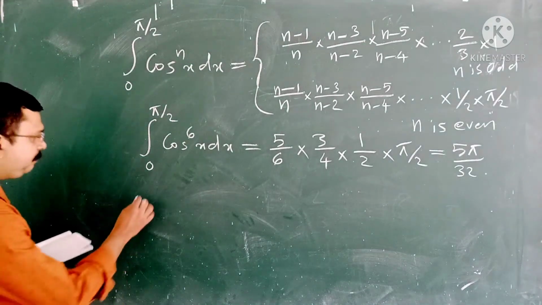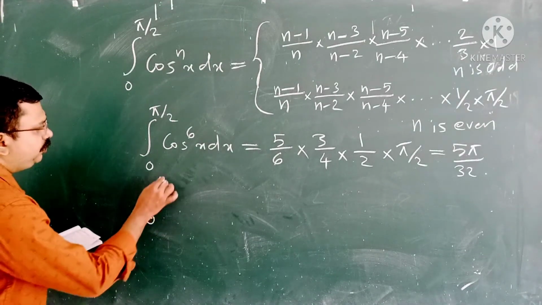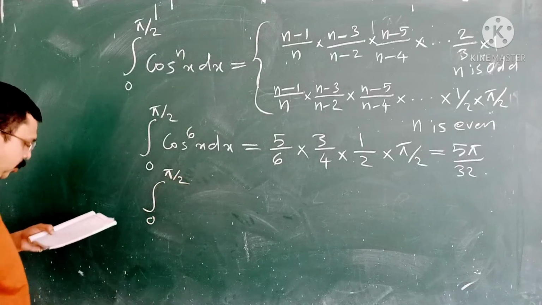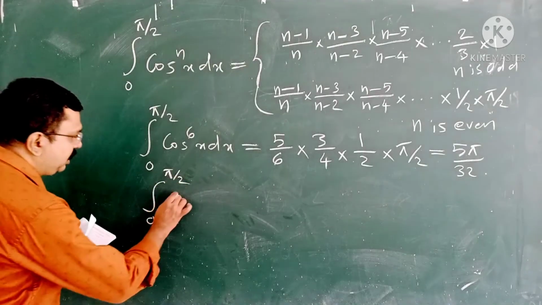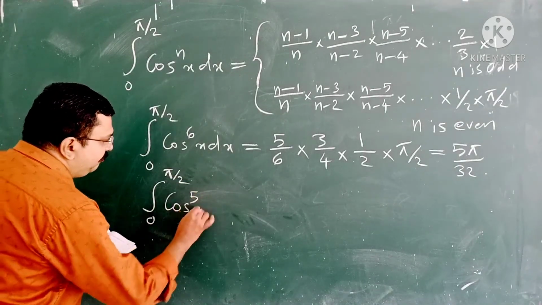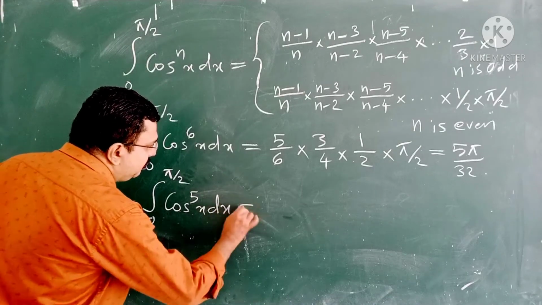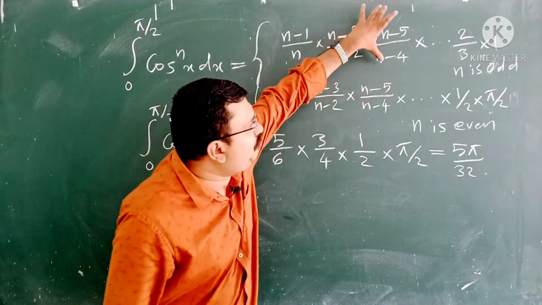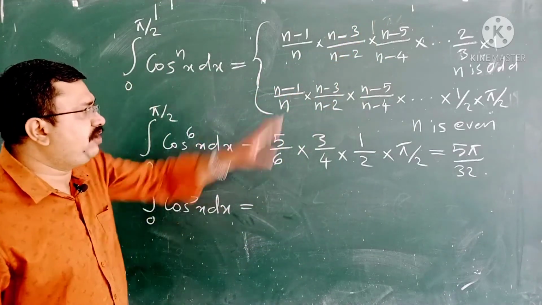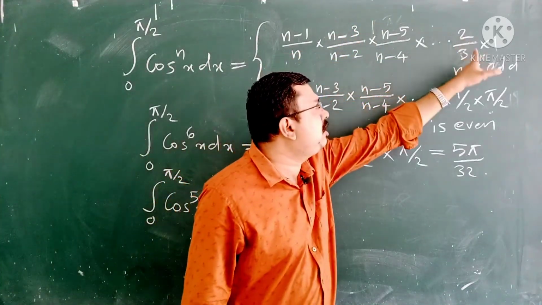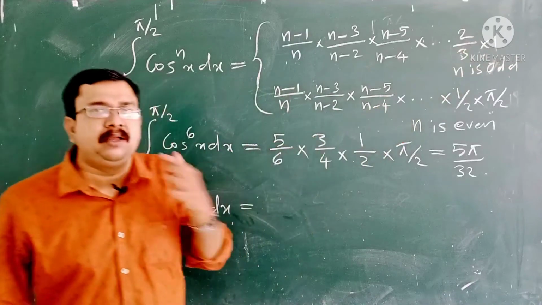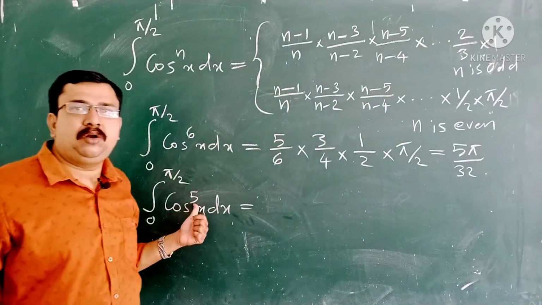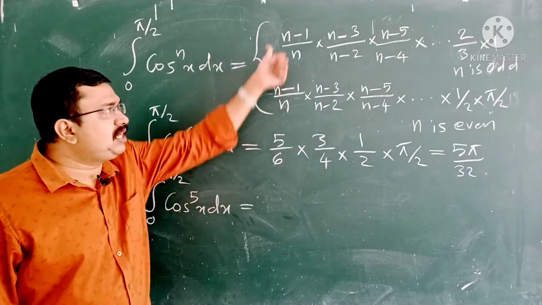Similarly, we can do the problem: integral from 0 to pi by 2 of cos raised to 5x dx. Here n is odd, therefore we apply our first condition. In the first condition, the last term is 2 by 3 into 1. Here n equals 5.